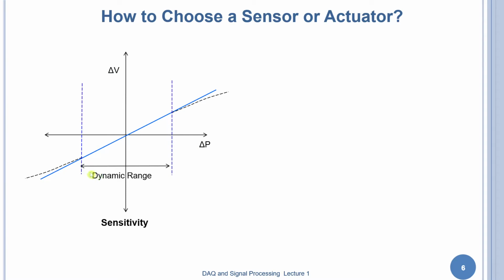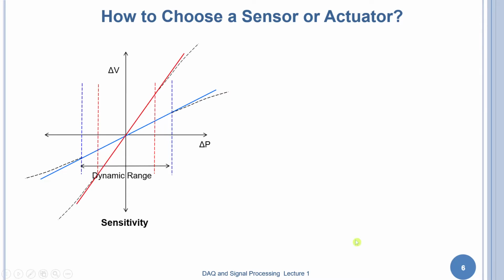Across some pressure range, you will see a straight line. Beyond that pressure, you will see some deviation from the straight line. That range is defined as the dynamic range. If you go for a higher sensitivity sensor, you will have a smaller dynamic range.